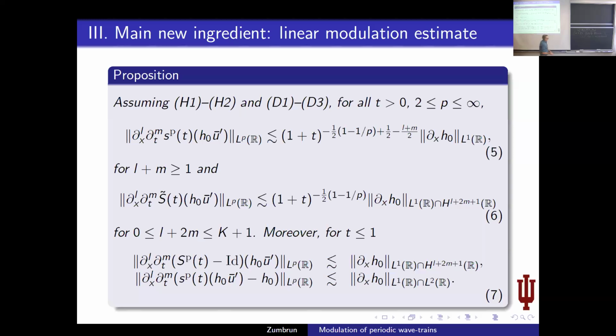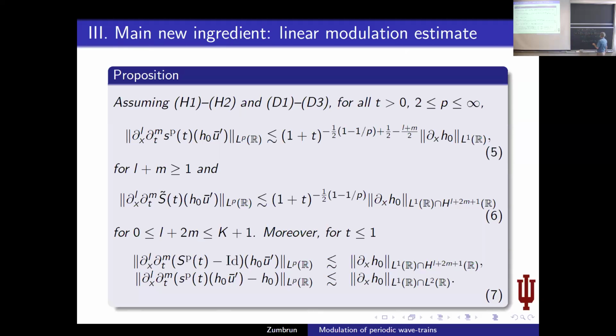Because if you take U bar of X plus H0 minus U bar of X, that would be approximately U bar prime, H0. So this is just approximating what modulated initial data would do.